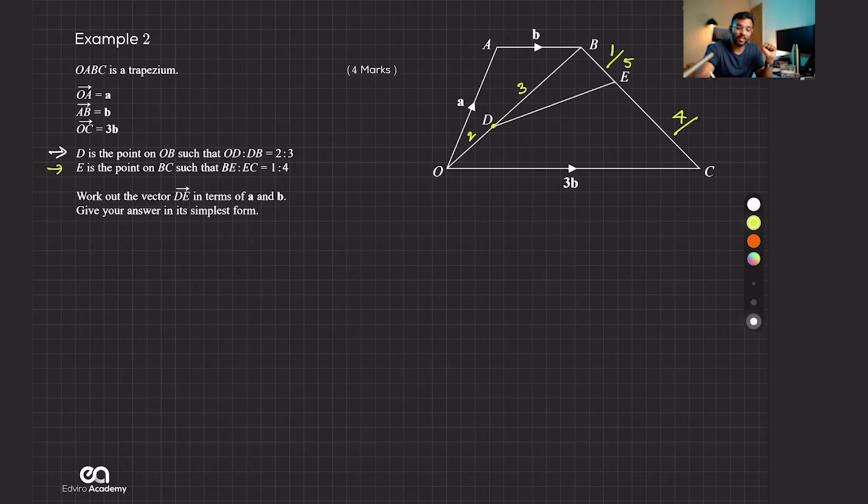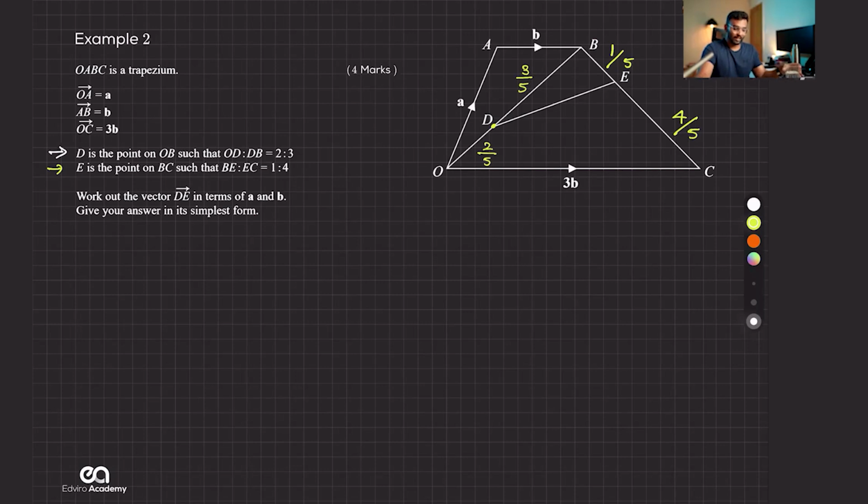So this is 1 by 5. This is 4 by 5. And what about this one? This is 2 and 3, isn't it? So this is 2 by 5 and 3 by 5. Are you guys with me on that?